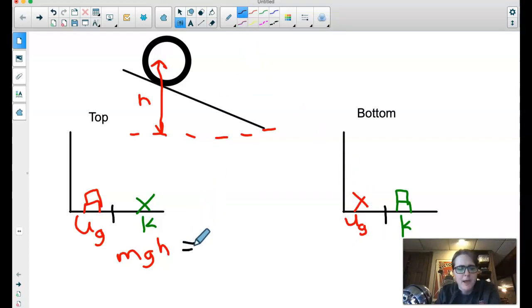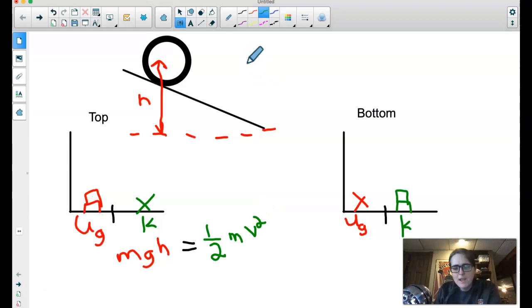What that means for the math is that the gravitational potential at the top should equal the kinetic energy at the bottom.